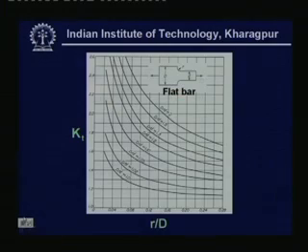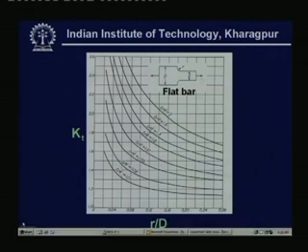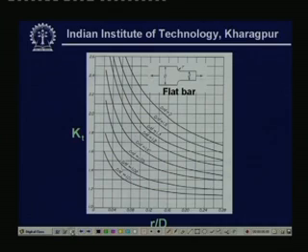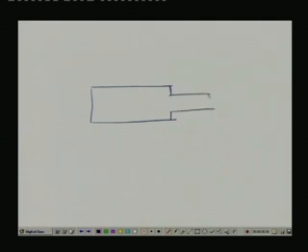Now, what I was just showing you is that if we had a design like this, then we have a discontinuity, and that calls for use of a stress concentration factor.